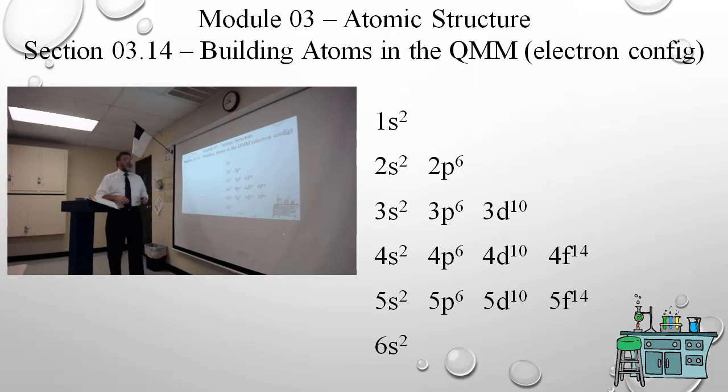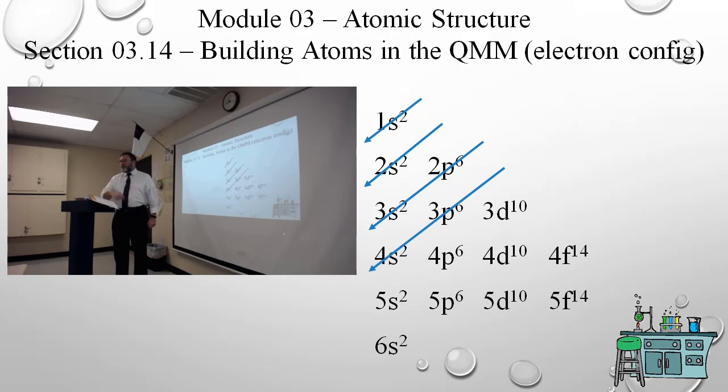So what they do for the slant diagram, if you write this out, is they fill on the diagonal. They fill on the diagonal. Now, up to this point, filling on the diagonal is exactly the same as filling in order. You see that?